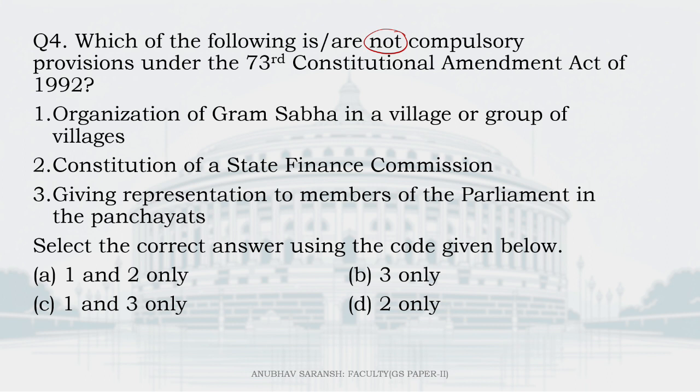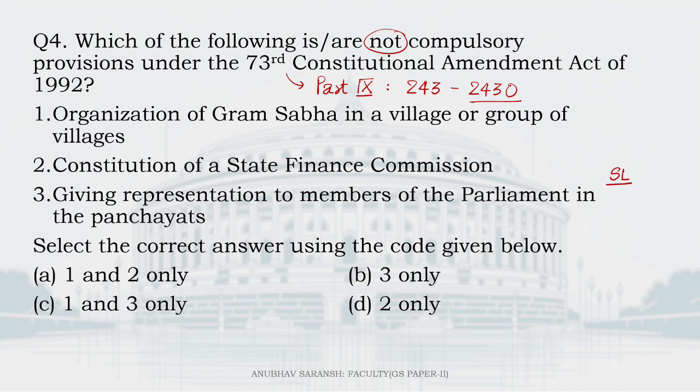So the 73rd Amendment Act has incorporated in our constitution Part 9, Articles 243 to 243 capital O, right? There are certain provisions which are mandatory and others which are optional, meaning the state legislature may by law provide for those provisions.